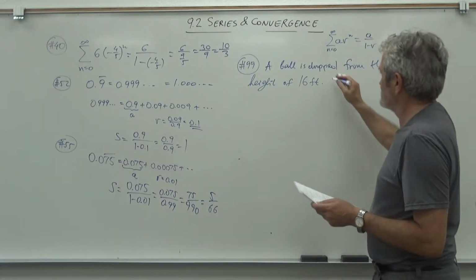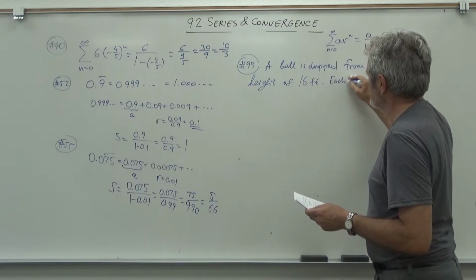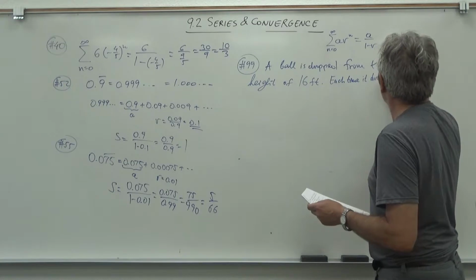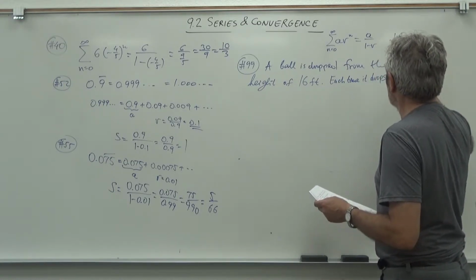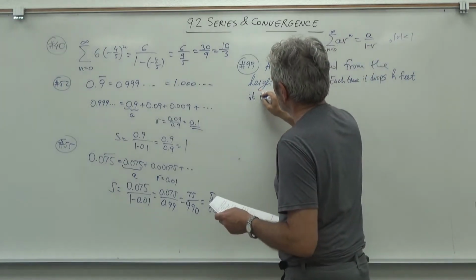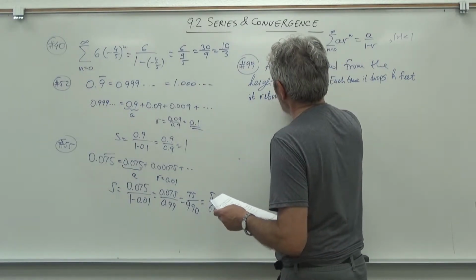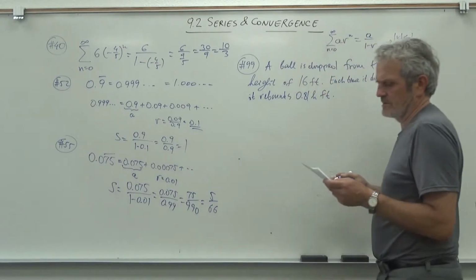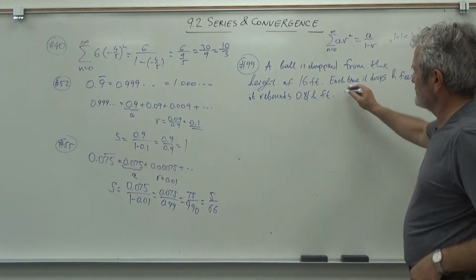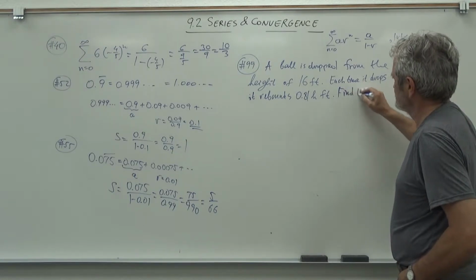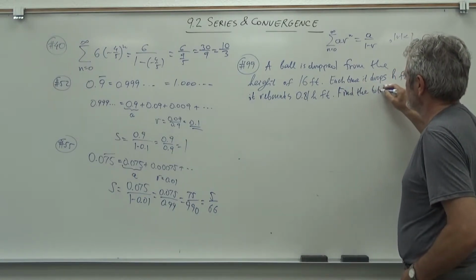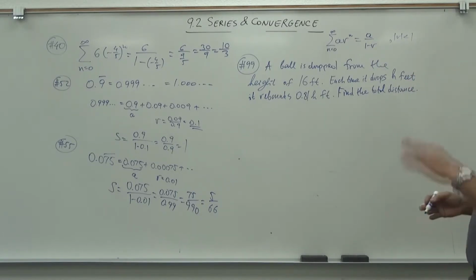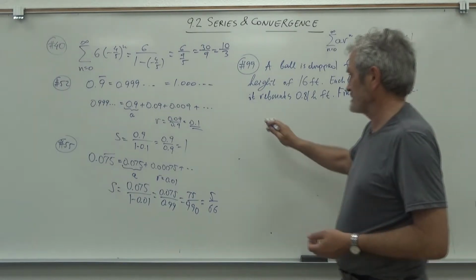Each time it drops h feet, it rebounds 0.81 h feet. Find the total distance traveled. So we are assuming that it goes up and down forever and it never stops.